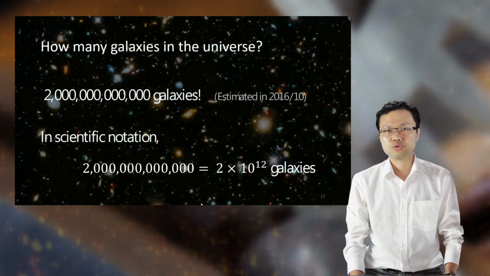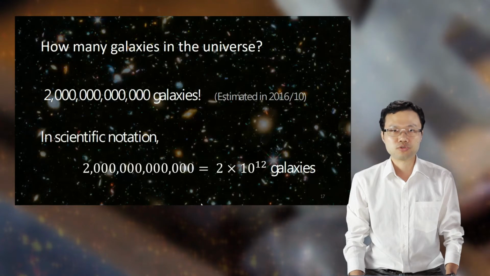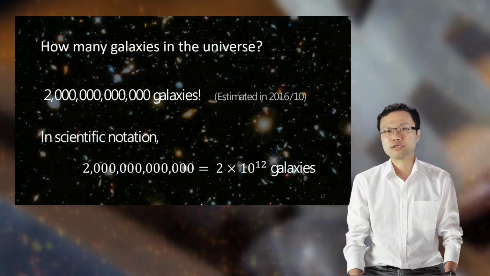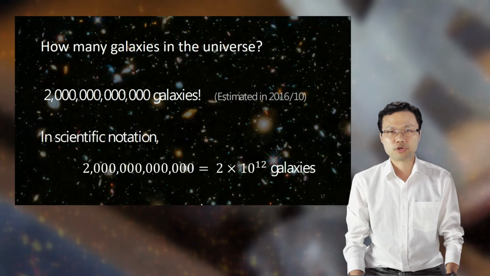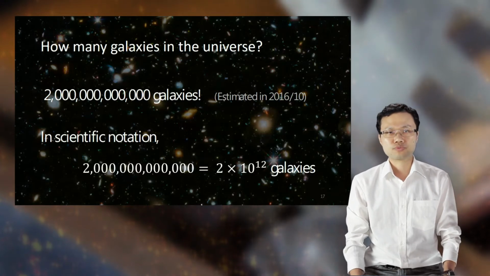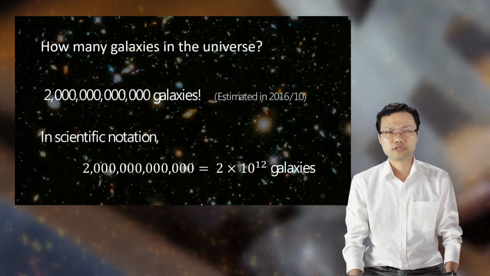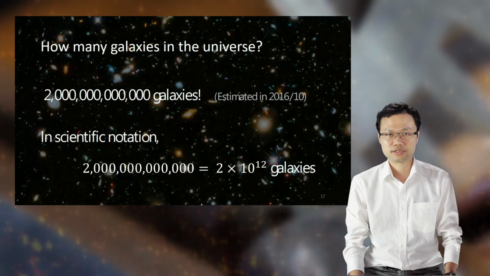The number 2 trillion can be written as 2 times 10 to the power of 12. From this expression, one can easily see that there are 12 zeros following 2 because of the factor 10 to the 12th power. That makes our life easier, doesn't it?